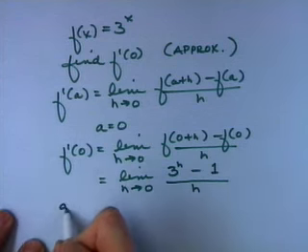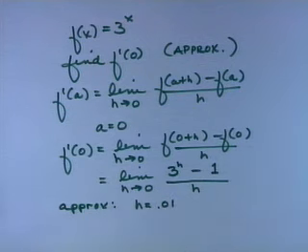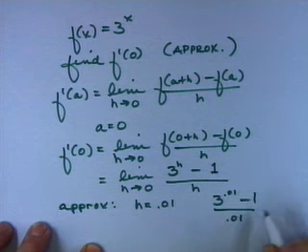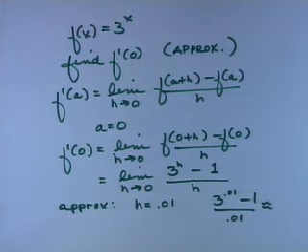So let's let h be, I don't know, some small value, 0.01. What is 3 to the 0.01 minus 1 all over 0.01? Need some help here.